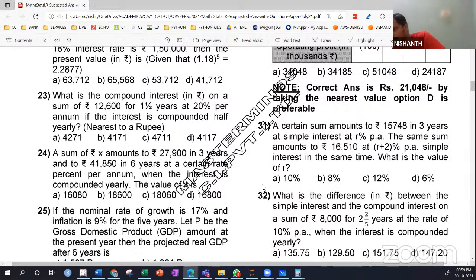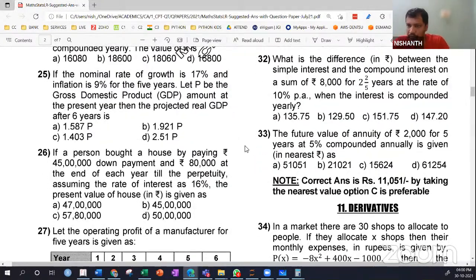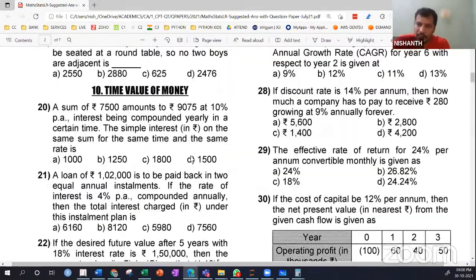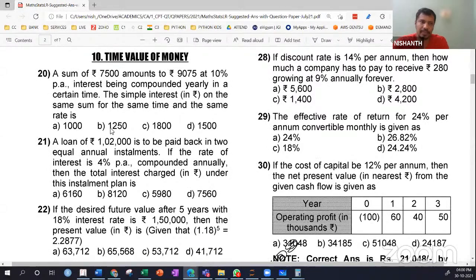More problems. I don't know how so many problems are given here. Let's at least try the 20th and 21st one. So 20th, option D. Yeah, others also try. Option D, sir. Okay. 21st.